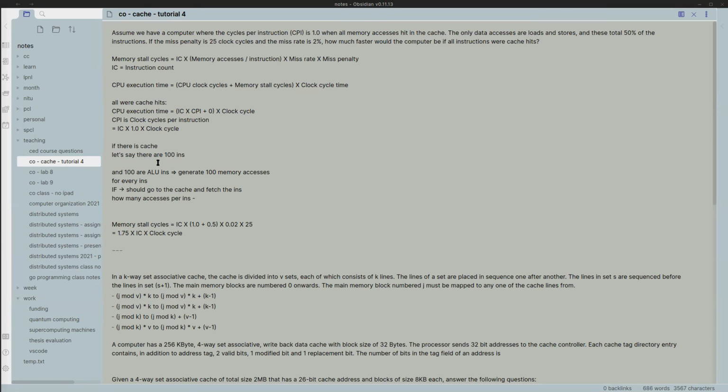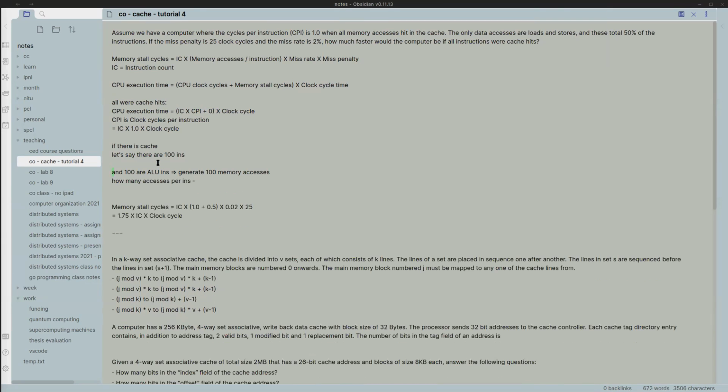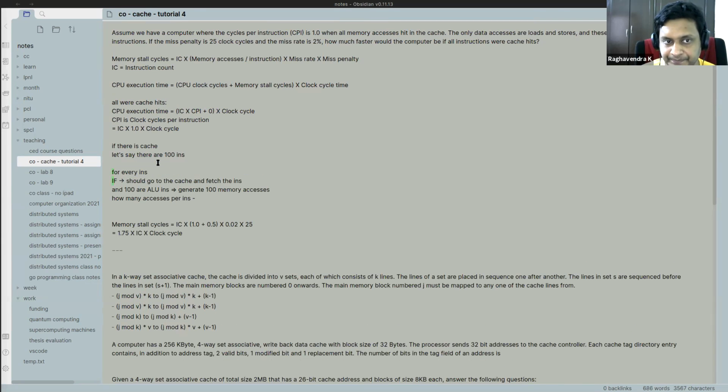If you're saying the IF is also a memory access, yes, that's why I am fetching the instruction. These are all ALU instructions, so for every instruction I have to fetch the instruction. So I should go to the cache and fetch the instruction.